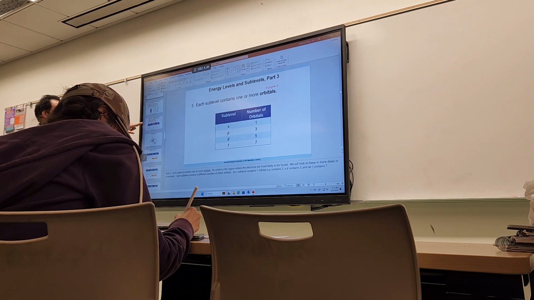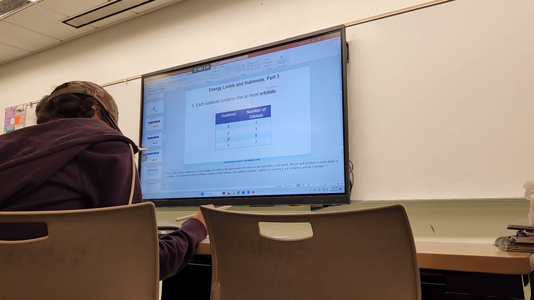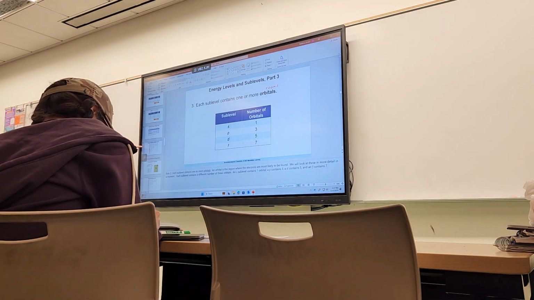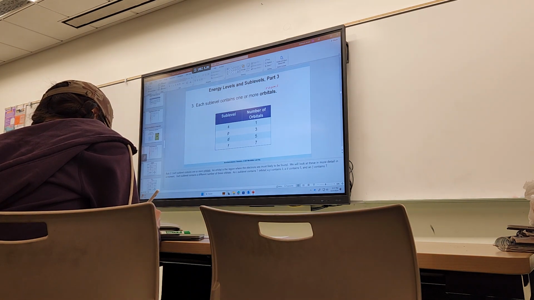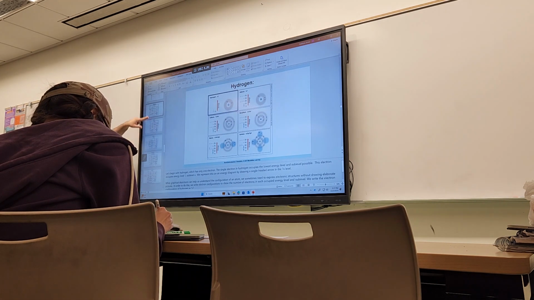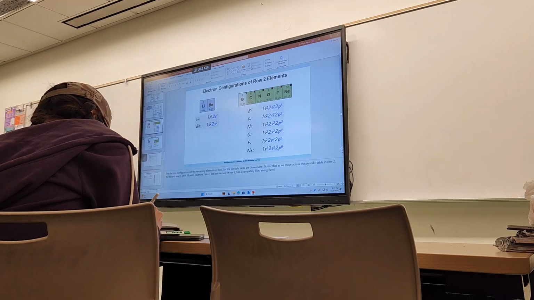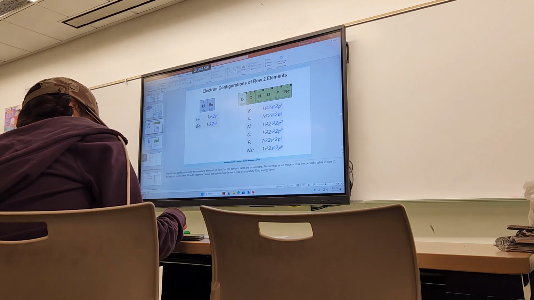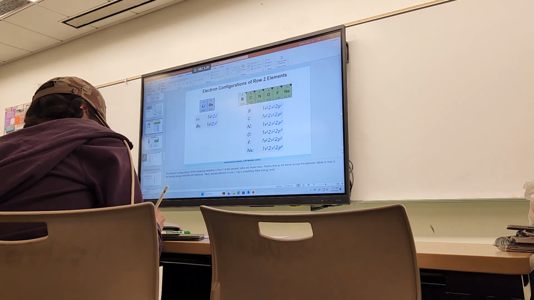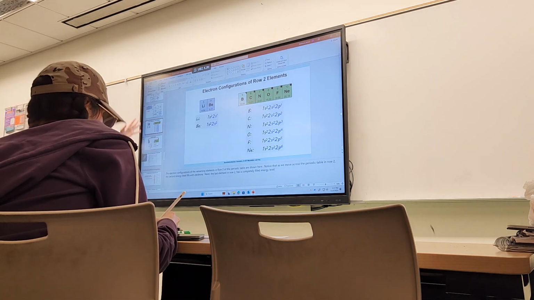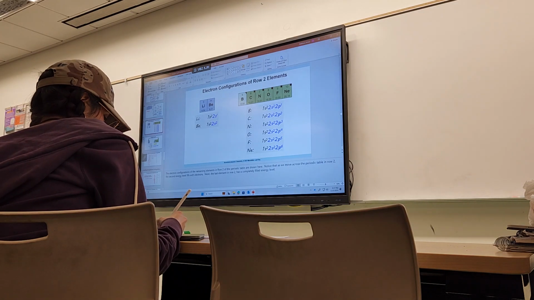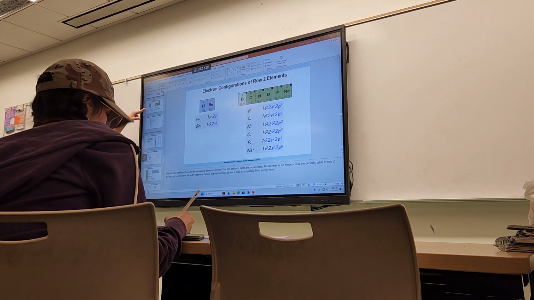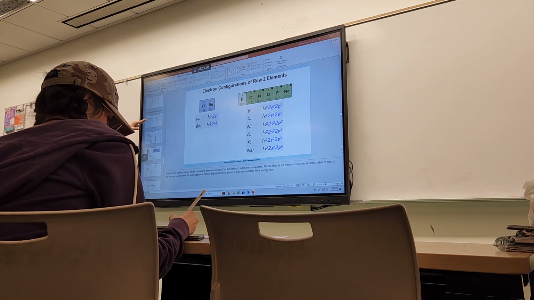So the idea is, if you are given a specific molecule with a certain number of electrons, you should be able to fill up the orbitals and tell me the electron structure. So you should be able to say it's 1s2, 2s2, 2p3, 2p5, whatever it will be, and then keep going until you complete all the electrons.